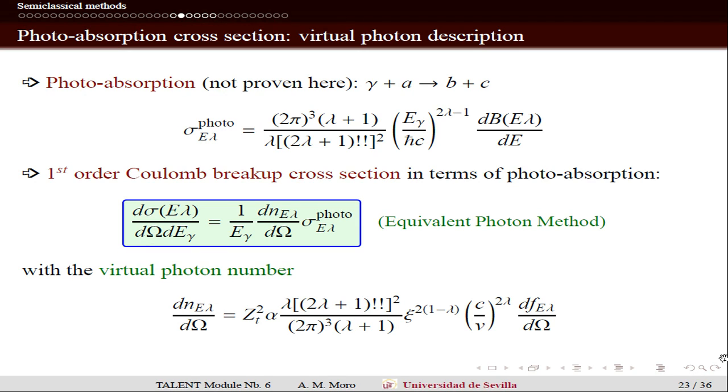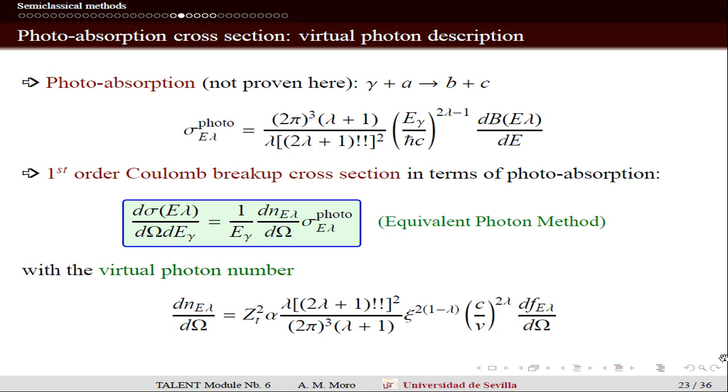So this is the expression of the photoabsorption cross-section, and there is a derivation for that which is not given here, so don't try to understand this expression according to what we have discussed. This E gamma here is the energy of the photon, and the rest are just some constant factors.